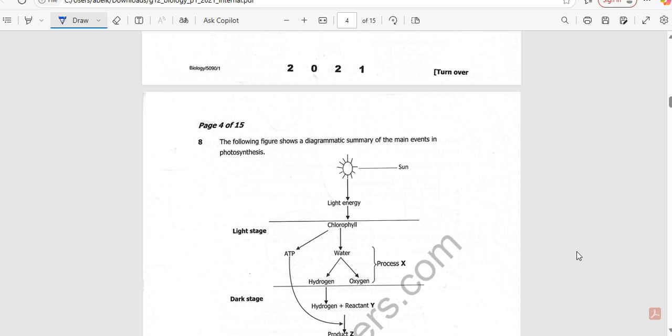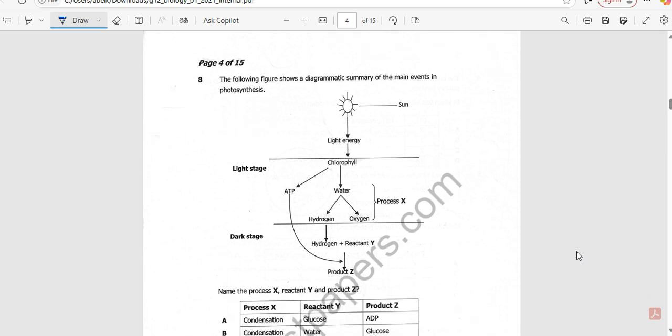On number 8, the following figure shows a diagrammatic summary of the many events in photosynthesis. So the sunlight energy, this chlorophyll. So these are the conditions now. Then you find that ATP is being used here.